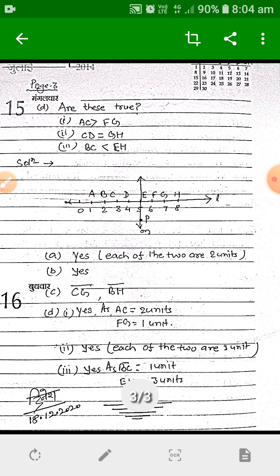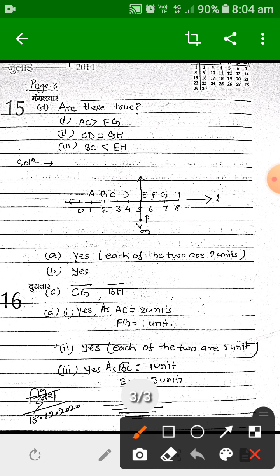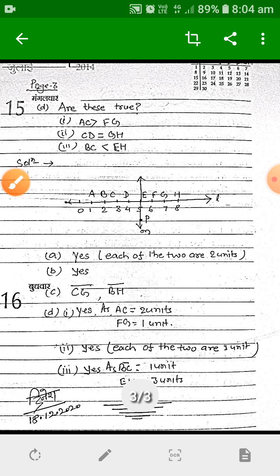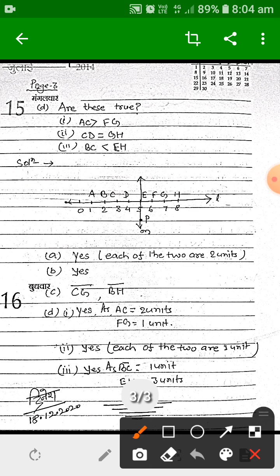Look at the figure. Where is CE? CE is just here and EG is just here. You can guess that CE is of length 2 units and EG is also of length 2 units. So what will be the answer? Clearly, the answer will be yes, CE is equal to EG.